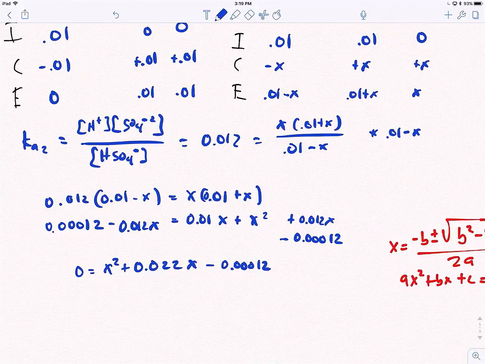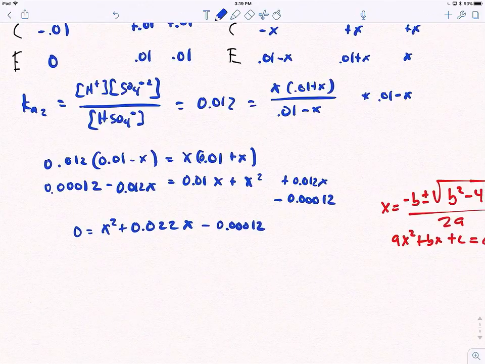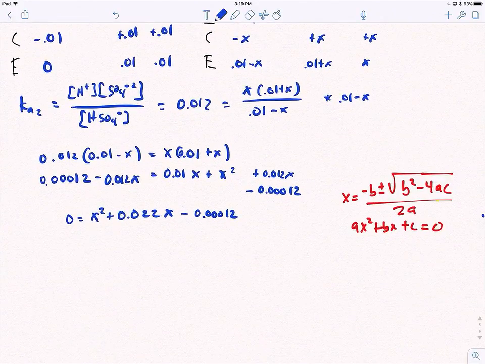Am I doing that right so far? Looks right. So then apply the quadratic equation written there.